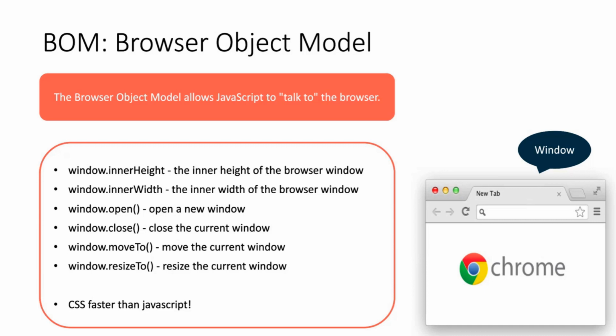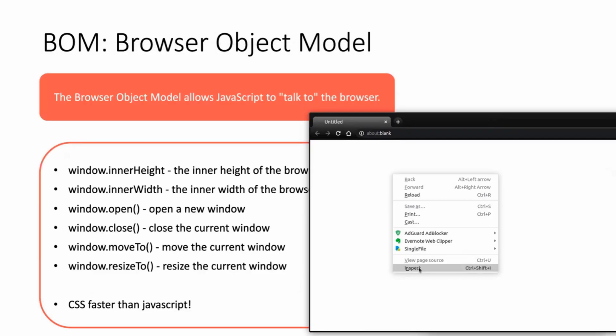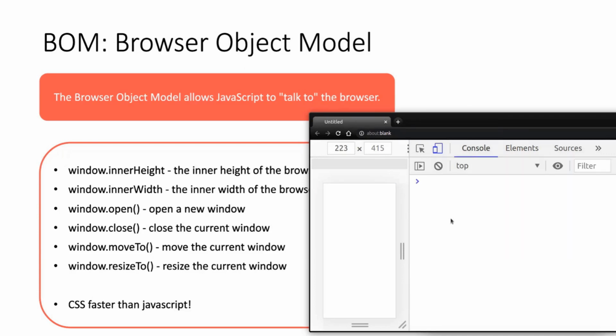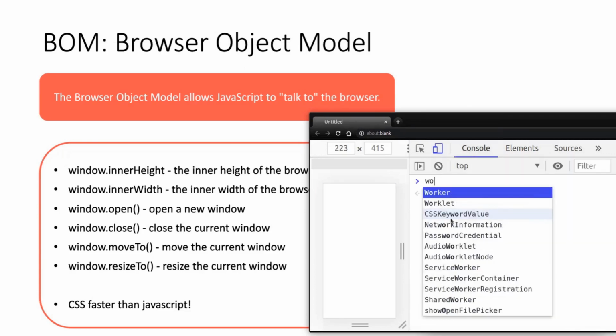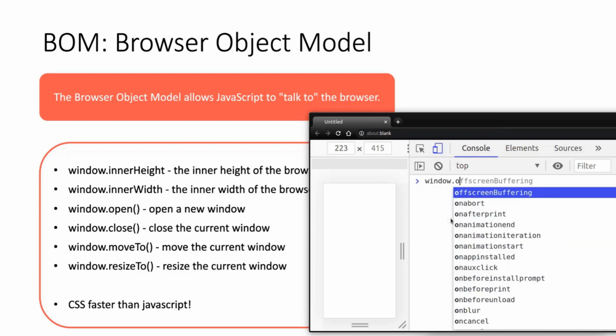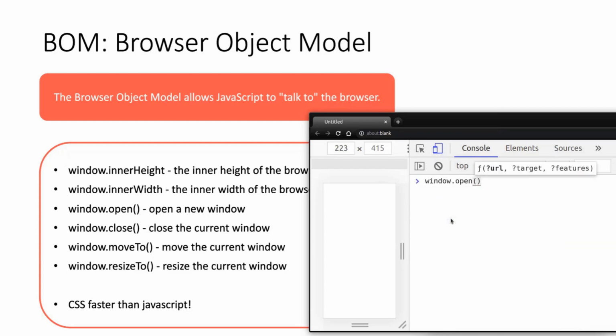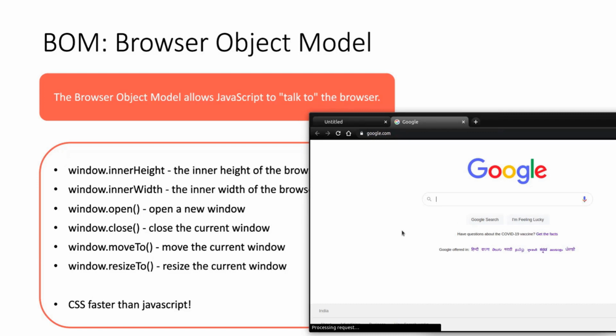Let's try to run the BOM codes in our console and we'll see what it does. Again, we go to inspect, then within the console, we write window.open. We can specify the URL https://www.google.com. What it does is it takes a new browser and runs the URL there.